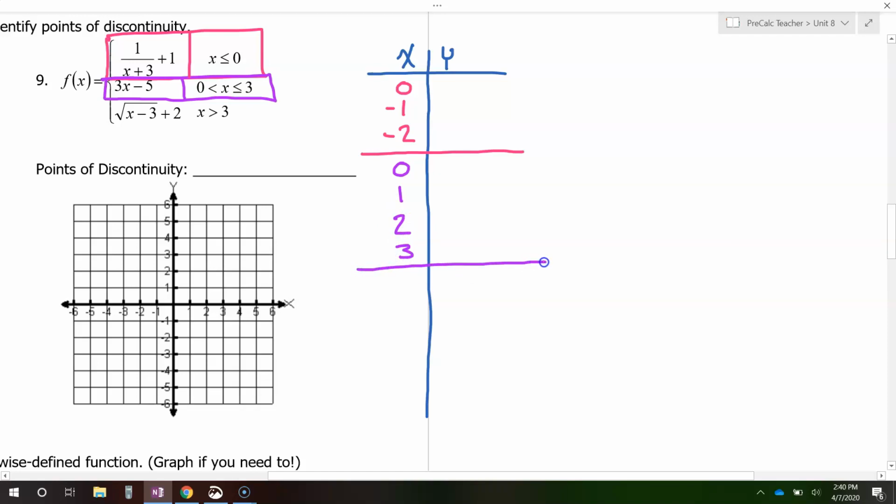One thing to be careful about, see how the 0 has a less than, not less than or equal to. That means 0 is not actually going to be included on the function. So we need to show that by making this an open circle. So I'm just going to put this little open circle here off to the side just to remind me that this point is going to be an open circle.